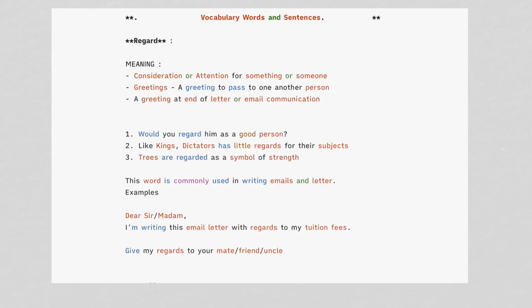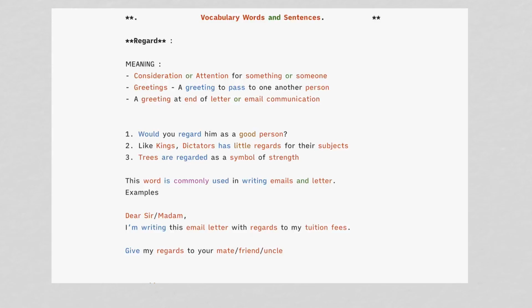For example, if you have received any email or letter, you'll see, I'm writing this email with regards to my tuition fees. If you are writing an email, or if you have received an email, then you will see that the word regard is being used in terms of consideration, attention, or you are referring to something.